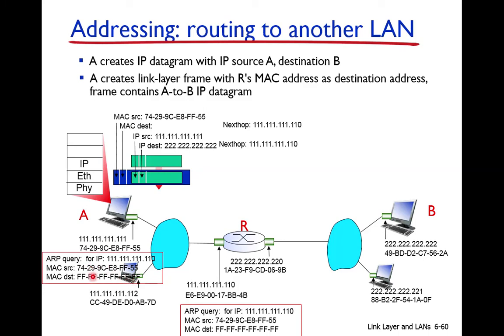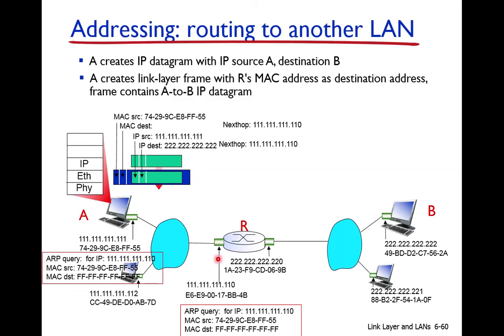It will see that this ARP query is for IP address 111.111.111.110, and its IP address is 111.111.111.112. So this IP address is not matching its IP address, so it will discard, because this query is not for me. This system will say my IP address is 111.111.111.112, and the query is for 111.111.111.110, so it will discard.